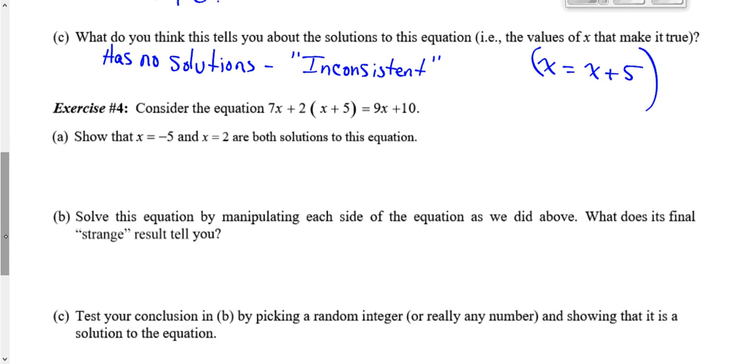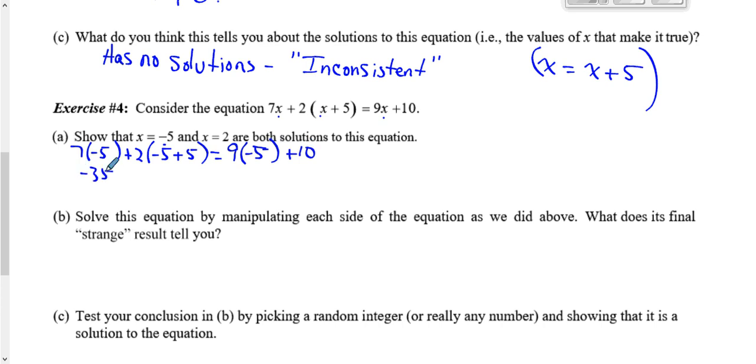All right, so here's another equation: 7x plus 2 times the quantity x plus 5 equals 9x plus 10. They want to show that x equals negative 5 and 2 are both solutions. So you know how to do that, right? You take the negative 5 and plug it in and see if it makes it true. So 7 times negative 5 plus 2 times negative 5 plus 5 needs to equal 9 times negative 5 plus 10. Let's start simplifying. Negative 35.